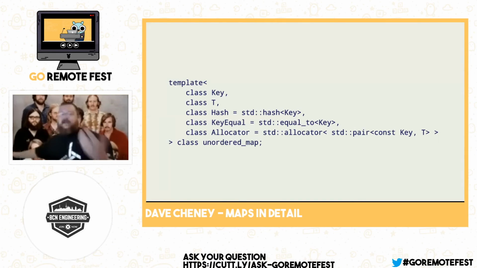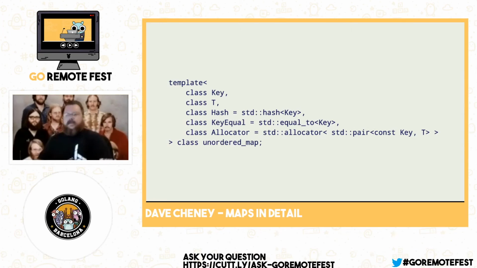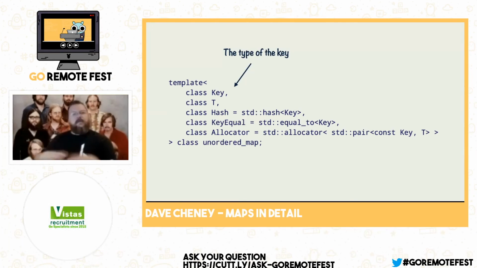This is the declaration for standard unordered map, and because C++ has templates, this is a templated type. So we can see things like the actual type for the key is part of the declaration. The type of the value is part of the declaration.